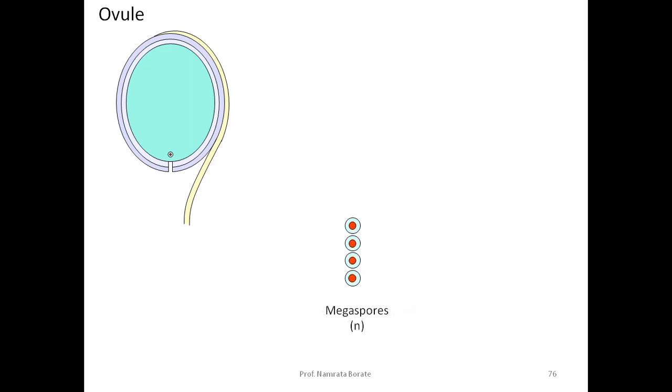Out of these four haploid megaspores in the linear tetrad, the upper three degenerate and the lower one, which is towards the micropylar side, remains functional and acts as the female gametophyte. The one megaspore which is functional is the one towards the center.